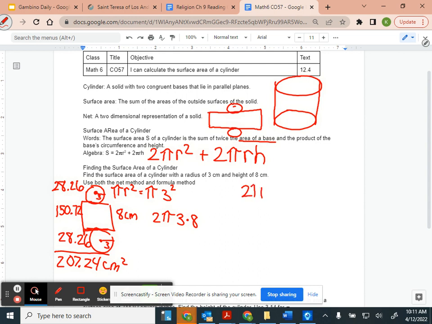We're just going to say 2 pi r is 3 squared plus 2 pi r is 3, height is 8. So remember, we have to do our multiplying first before we add the 2 together. So 2 pi 3 squared would be 28.26 times 2.